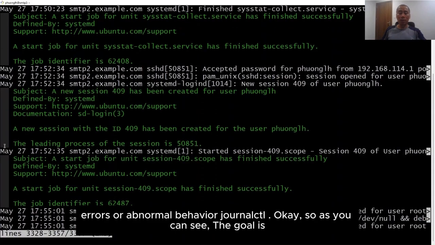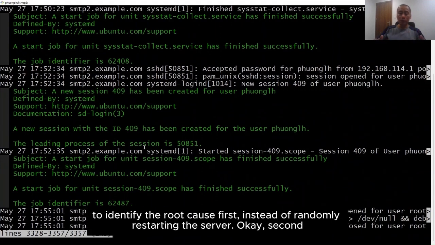So as you can see, the goal is to identify the root cause first instead of randomly restarting the server.